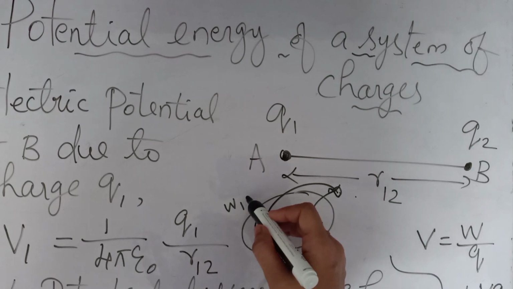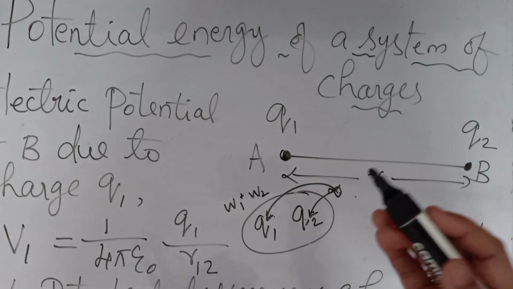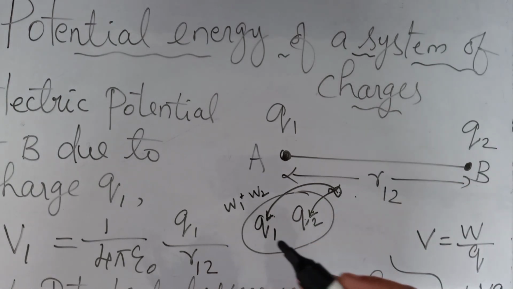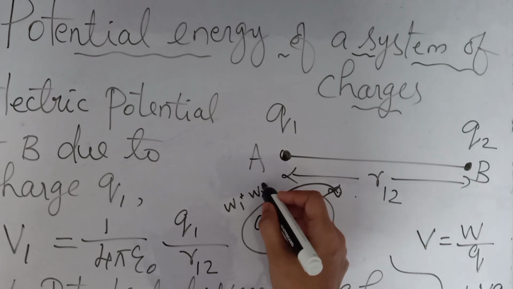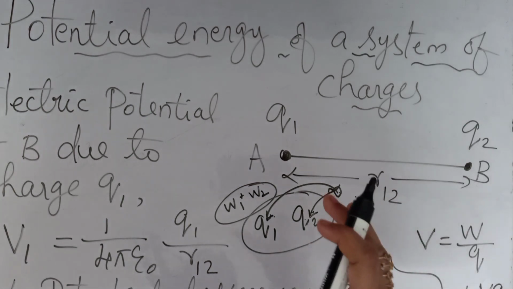So we will get W2. So the total work W1 plus W2, that means if n number of charges are there, we will bring each charge from infinity to their present position, and that work done we will calculate, and that total work done will be equal to the potential energy. So that is actually the potential energy of a system of charges.